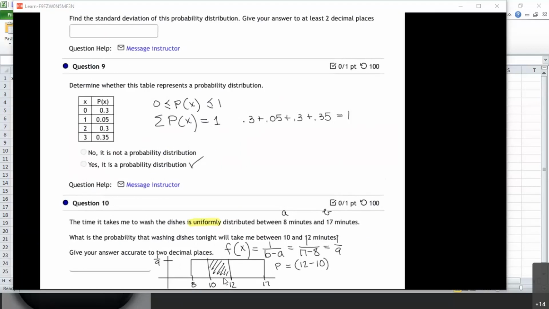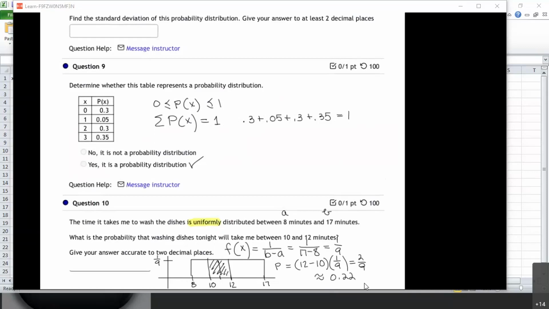Well, in between here, there's 2 of them, right? So you've got 11 here. So you've got 2 of these units. And then you're going to multiply that by the probability. So that's going to be 2/9, which is approximately equal to 0.22. So you're just finding the proportion of your overall rectangle that's shaded. This is 2 out of 9 blocks.